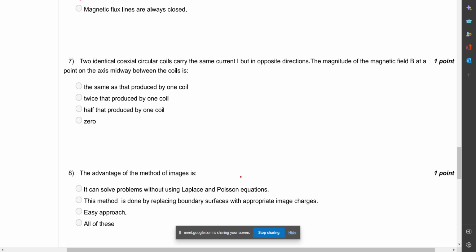So two coaxial circular coils are given having the same current but in opposite directions. The magnitude of magnetic field at the point on the axis midway between the coils will be. Can someone tell me what will be the answer?